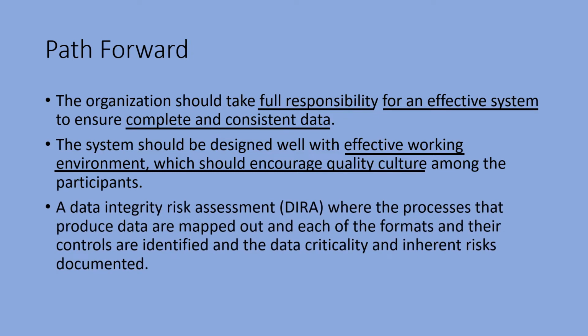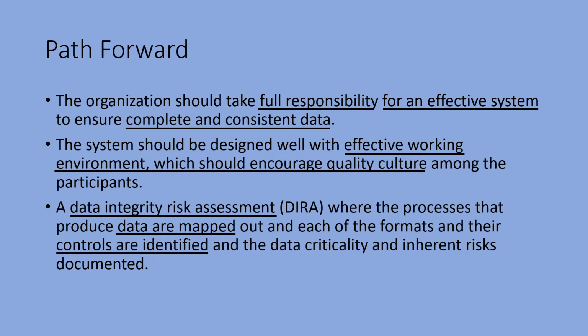In data integrity risk management, the processes that produce data are mapped out, and each of the formats and their controls are identified, and the data criticality and inherent risks documented. Always remember that a detailed risk assessment would provide a path forward for designing any effective system.